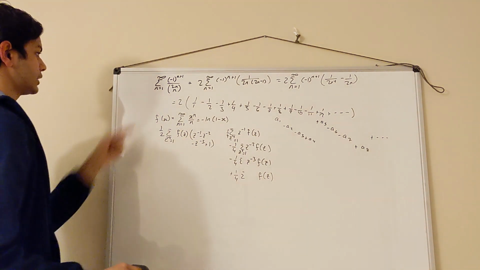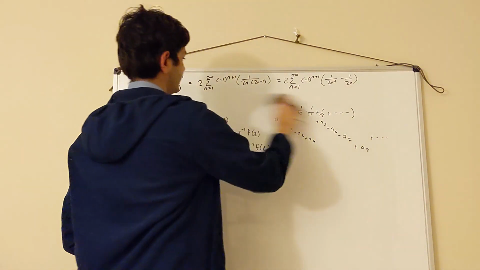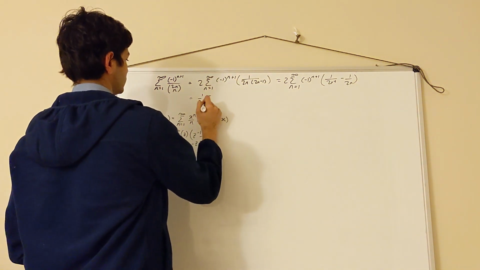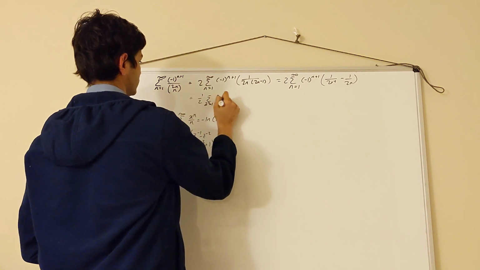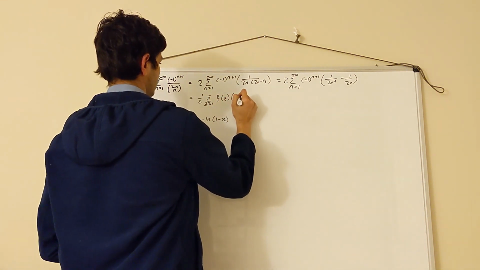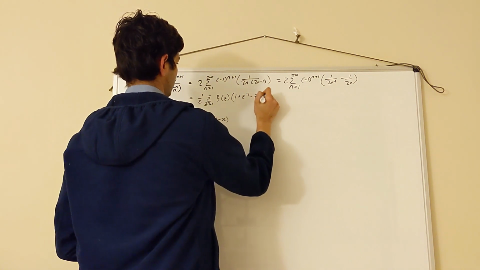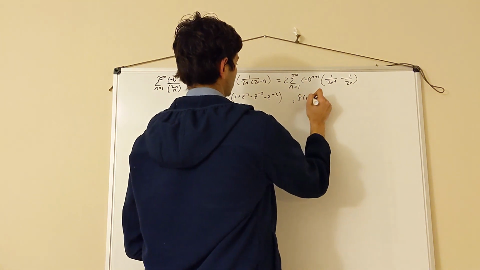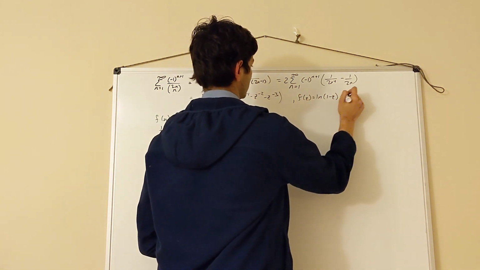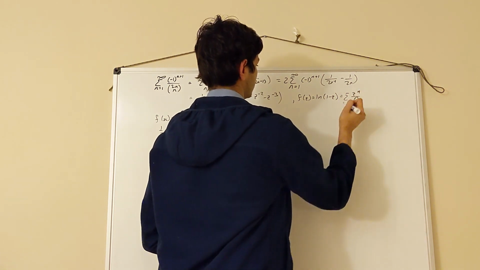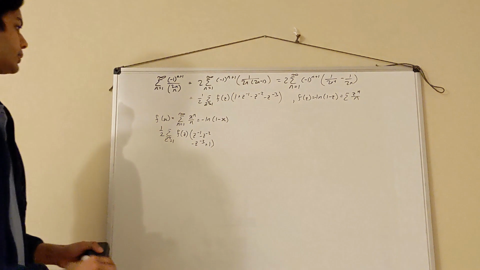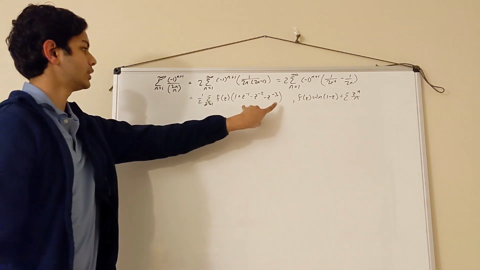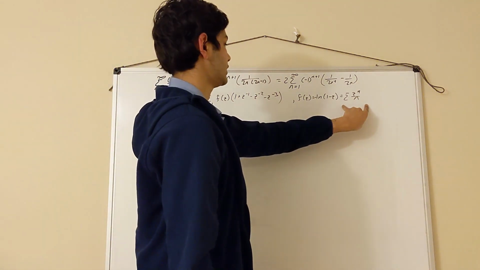Okay, so now I'll erase some of this and write this up here. Okay, so we have that this sum is equal to the sum of 1/2 f of z times this stuff, where f of z has this series expansion.